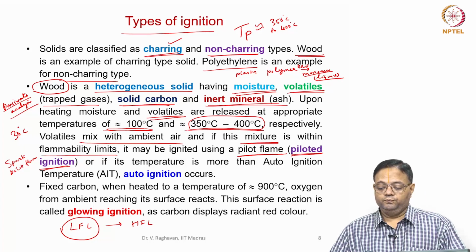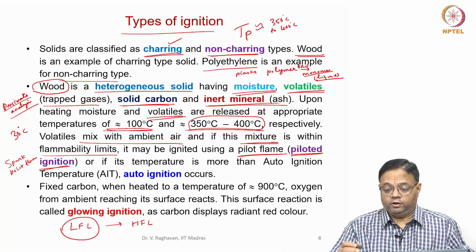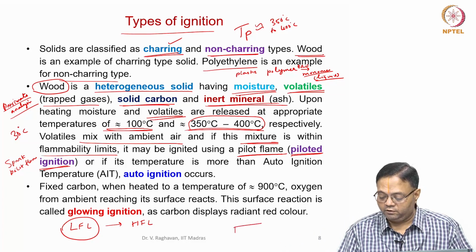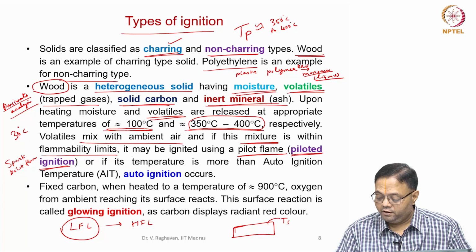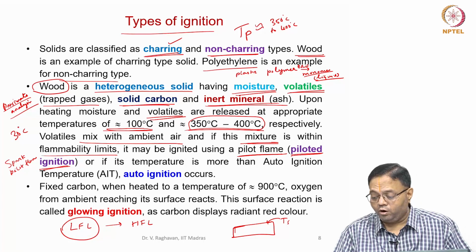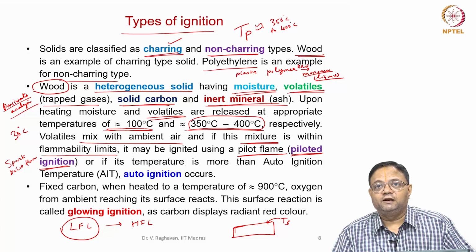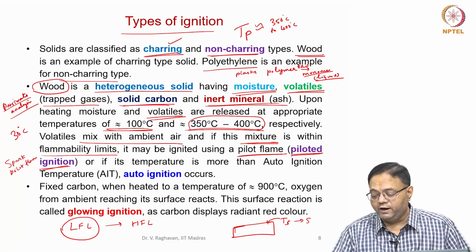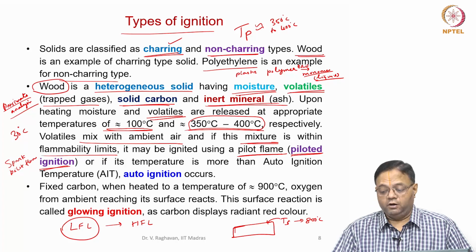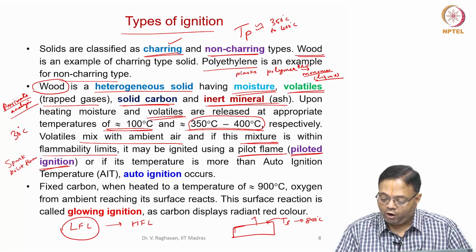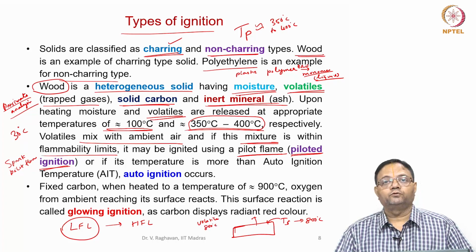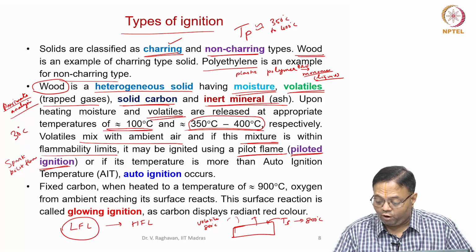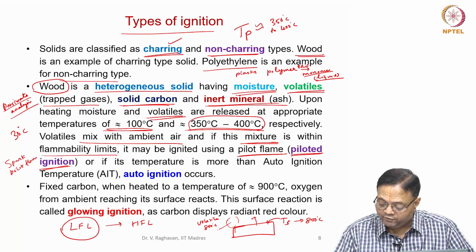Now, if the surface temperature of the solid, Ts, is increasing, as I told you, the surface temperature need not be at the pyrolysis temperature for pyrolysis to occur. If pyrolysis is continuously occurring, the surface temperature may reach, for example, 800 degrees centigrade. Then the volatiles coming out will also be at approximately that temperature. When the mixture forms with the ambient air, the mixture itself will go to this temperature.